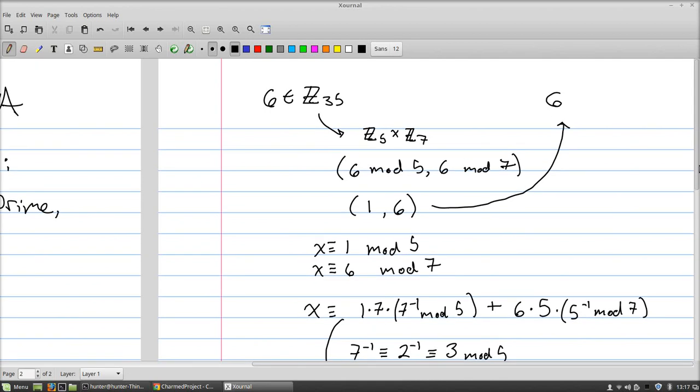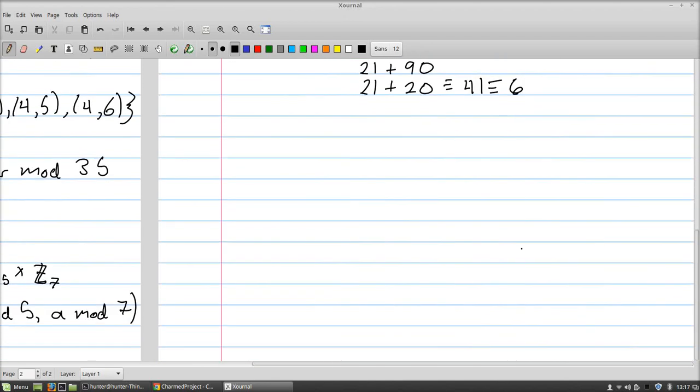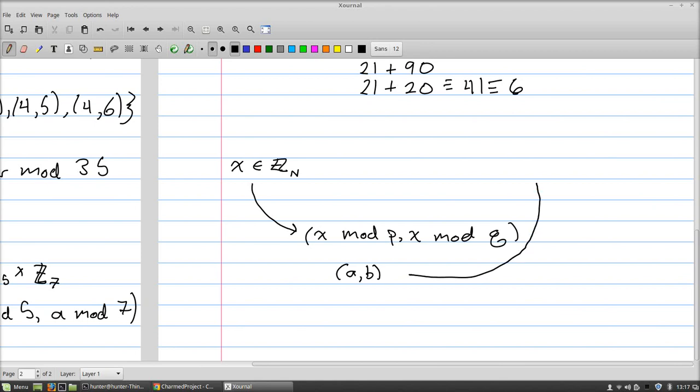Now if we just do the procedure in the abstract and give a formula, then whenever we have some number x in Z mod n, this gets sent down into the pair system, and the pair that it goes to is just x mod p, comma, x mod q. And let's say that you have a generic pair (a, b) down here. How do you get back up to the big system, which is mod n?